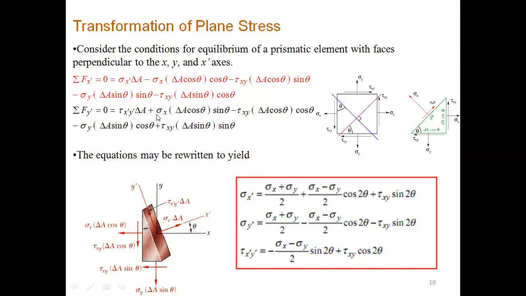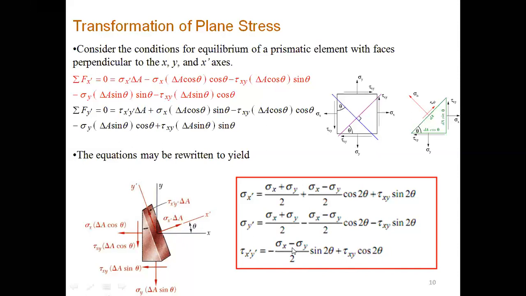So bring all the other quantities to the other side of the equation and then simplify. After simplification, using trigonometric identities, tau x prime y prime would be equal to minus (sigma x minus sigma y) by 2 sine 2 theta plus tau xy cos 2 theta.